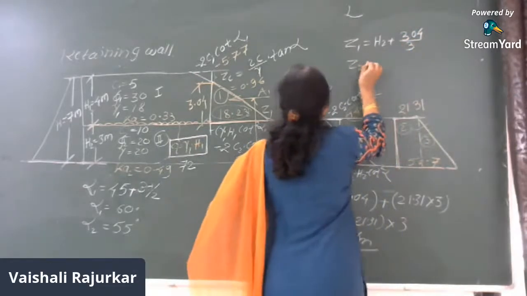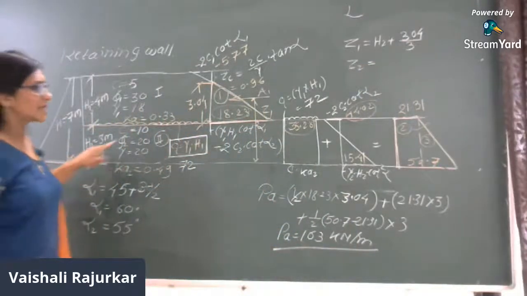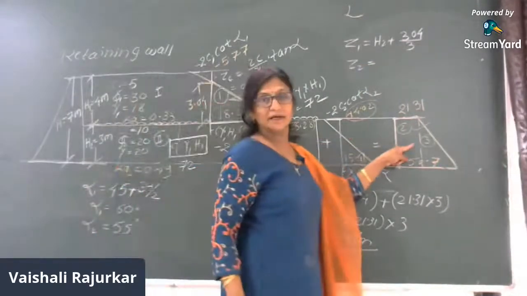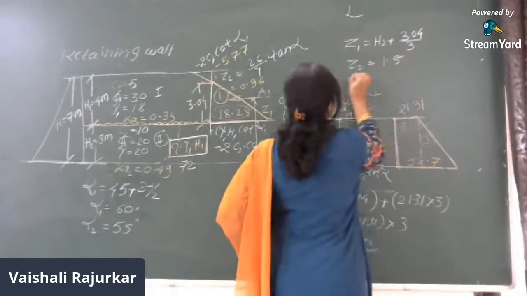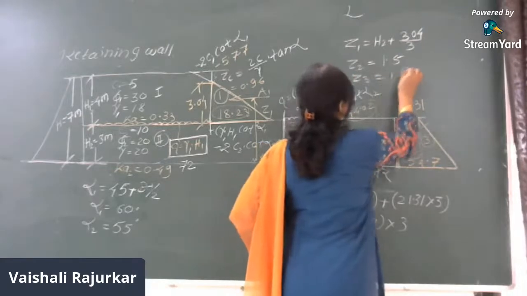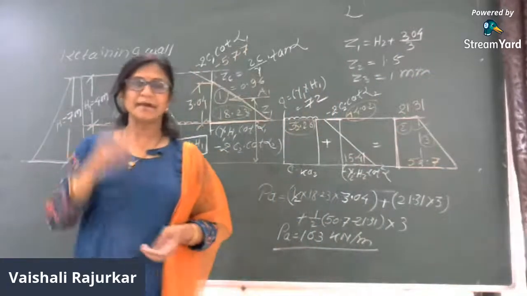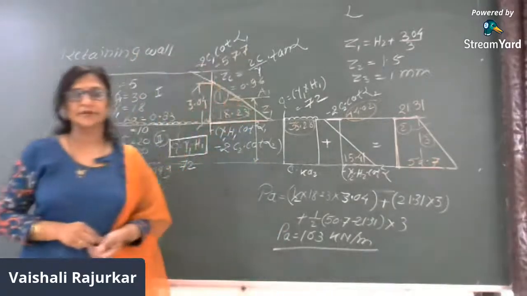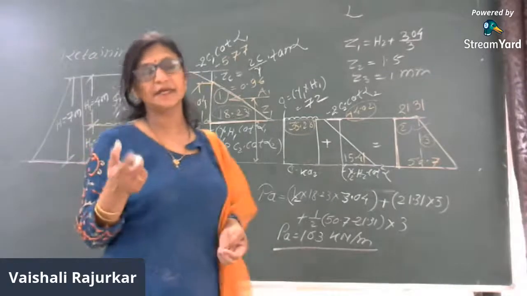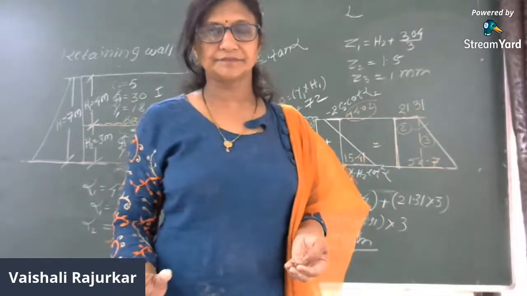Then Z2 is equal to, this is 3 meters, and the area of rectangle is at h by 2 distance, so Z2 is 1.5 and Z3 is 1 meter. Right? And then we will just calculate Z bar is equal to, what is Z bar? Z bar is A1 Z1 plus A2 Z2 plus A3 Z3 divided by total PA. Is it okay?